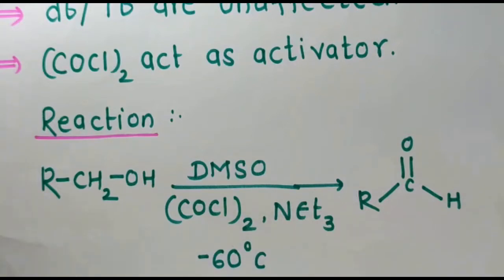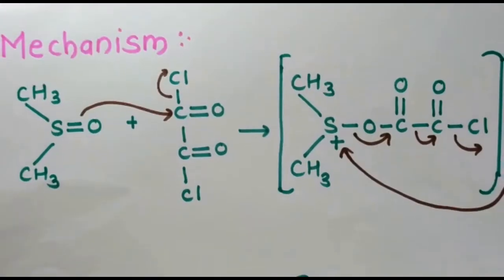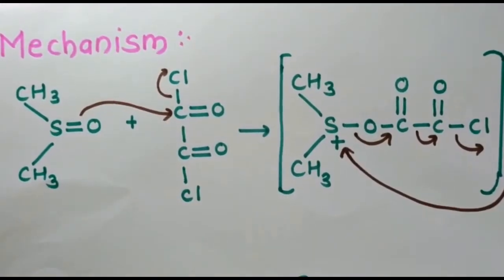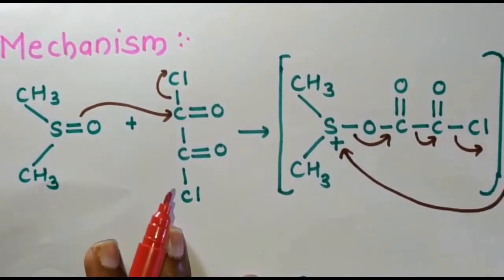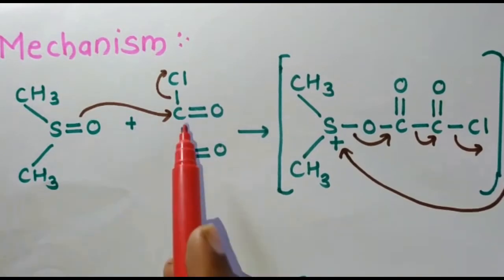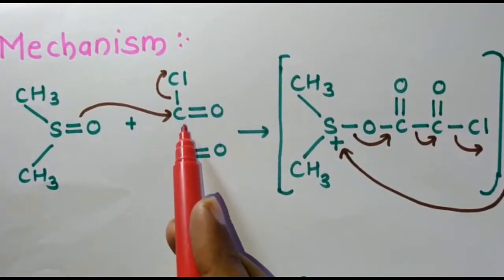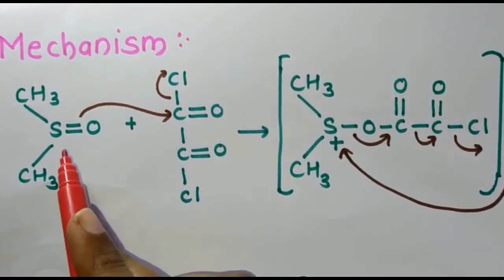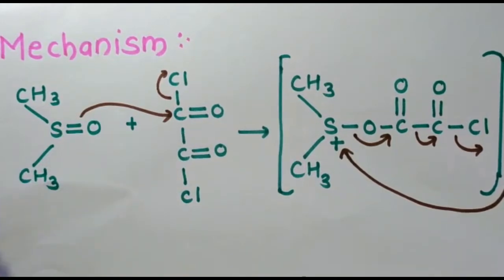Now we will see the mechanism for this reaction. The mechanism for this Swern oxidation is somewhat complicated, but you can understand it very easily. Here this carbon is an electrophile, and this sulfoxide will act as a nucleophile.